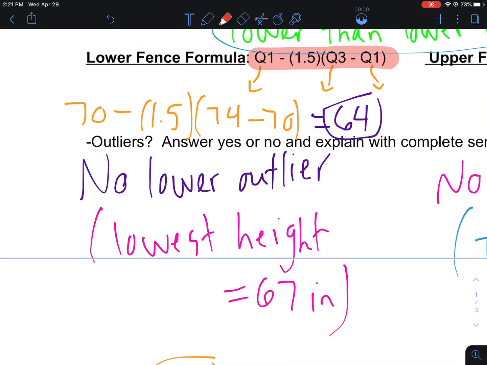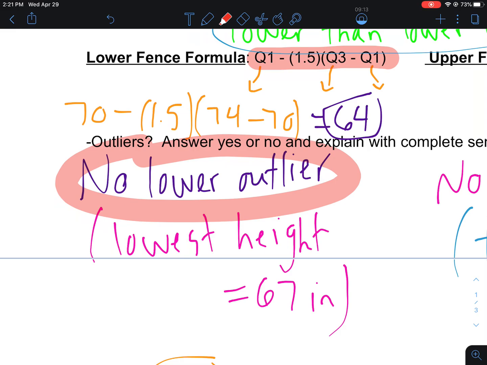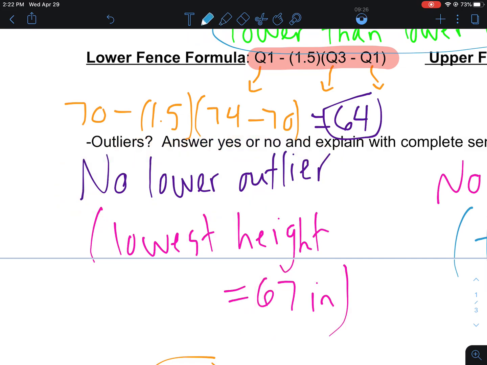So this work you see right here, we plugged in Q1 minus 1.5 times (Q3 minus Q1) and got the number 64. Now, the reason there is no lower outlier is because the shortest person on the team was 67 inches tall. If that number for the shortest person on the team was less than 64, it would have been an outlier.